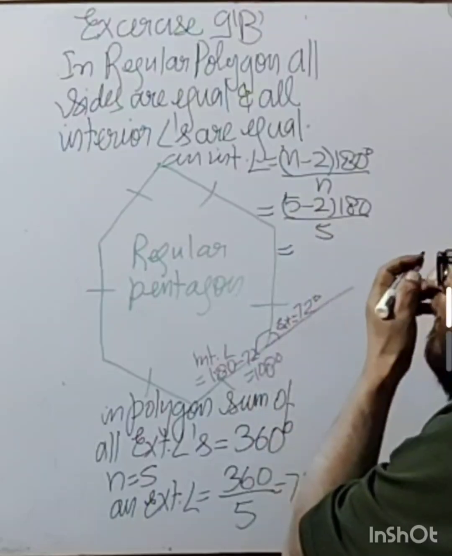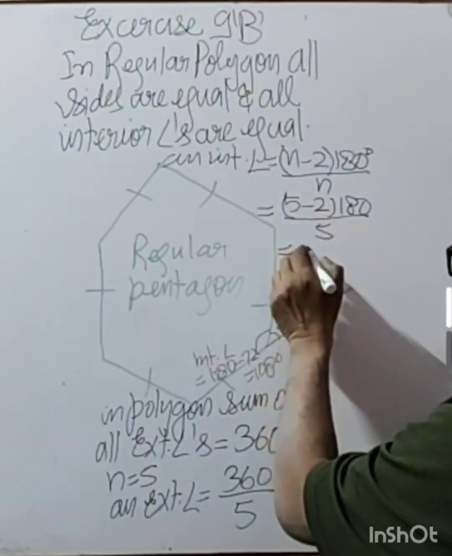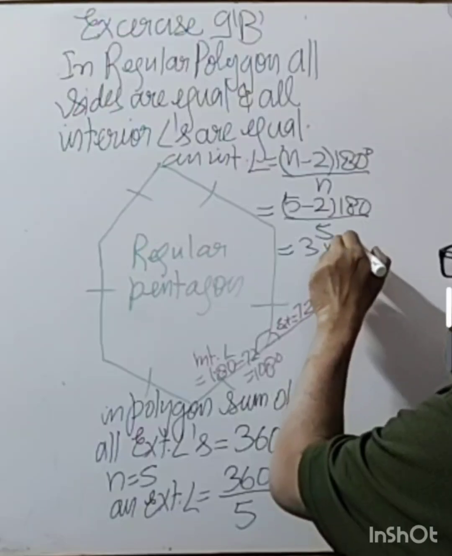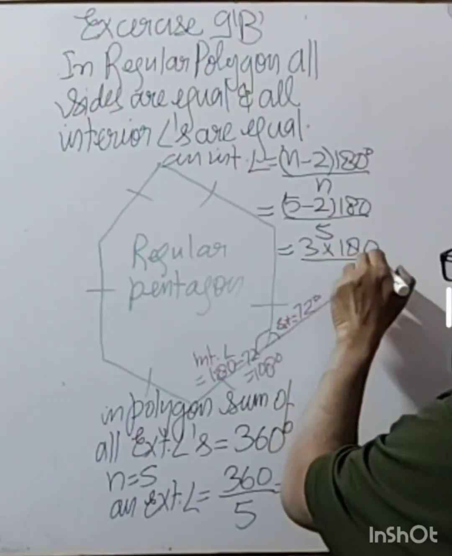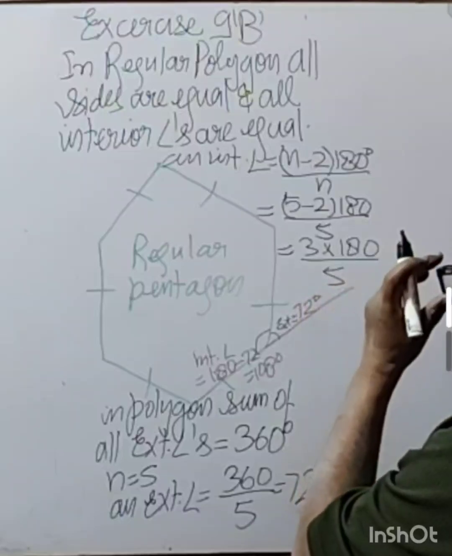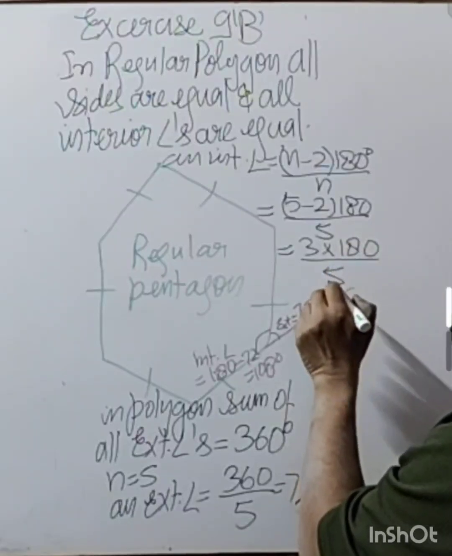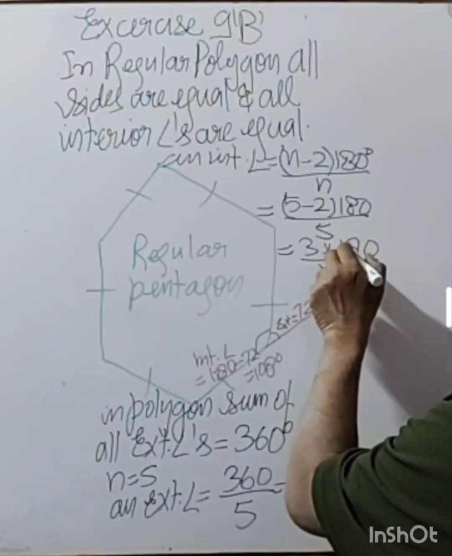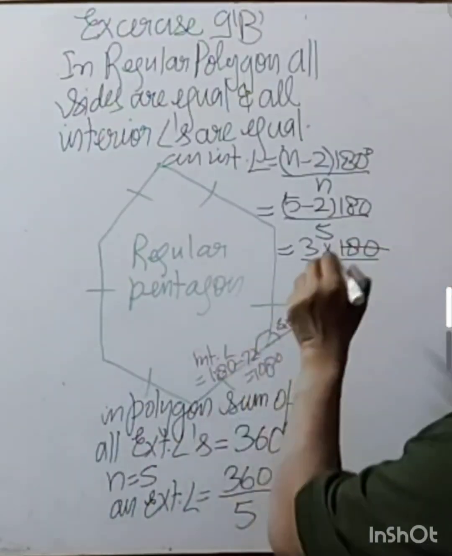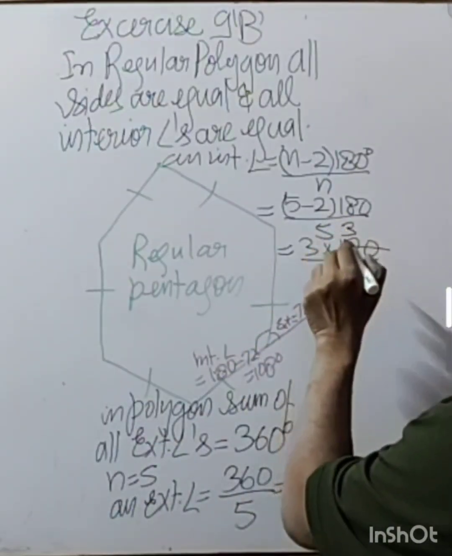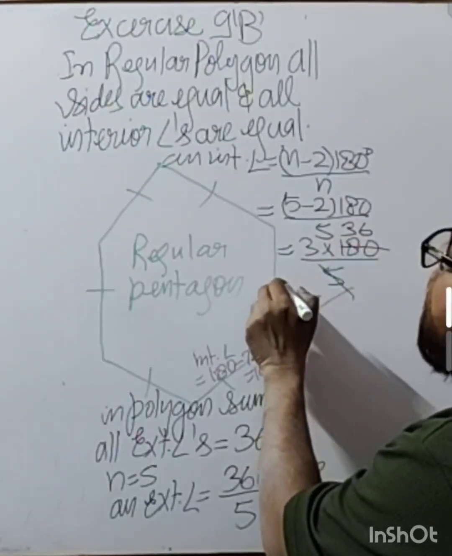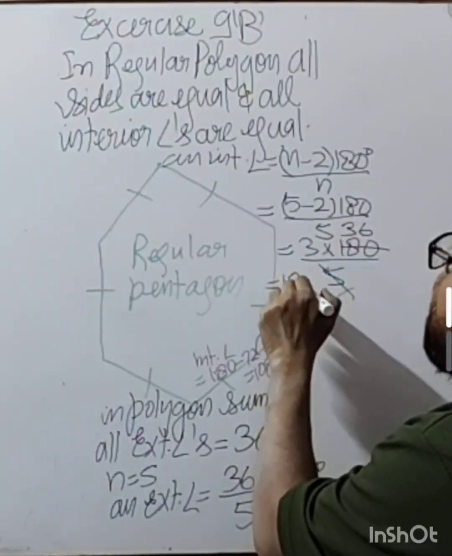So this is 3 into 180 upon 5. 18 minus 15 is 3, 36 into 3 becomes 108.